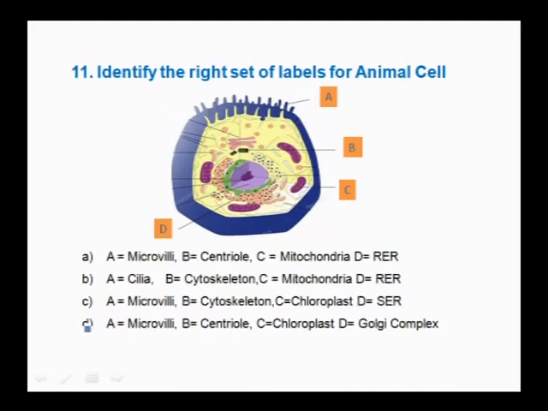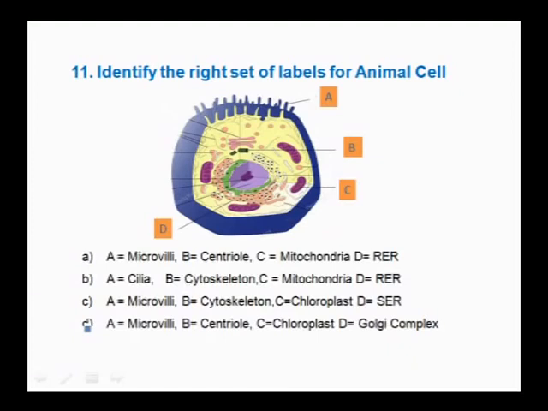The foldings on the surface of the animal cell which increase the surface area for absorption or any other activity are referred to as microvilli. So A is microvilli. B, the labeling is indicating certain paired structures which are in close association with the nucleus. They are nothing but the centrioles. Option C is indicating the capsule-like or elliptical organelles which have convolutions or foldings in the inner surface.